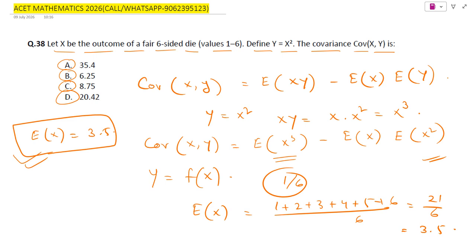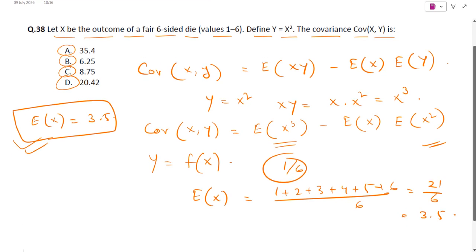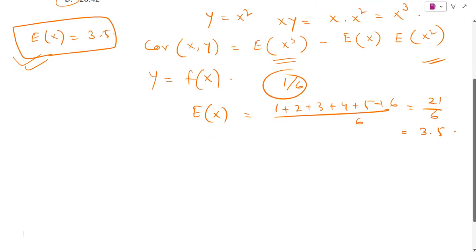Okay. Now, calculate expectation of X square. Now square every number. 1 is 1, 2 is 4, 3 is 9, 4 is 16, 5 is 25, and 6 is 36.